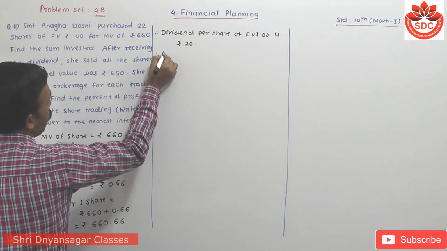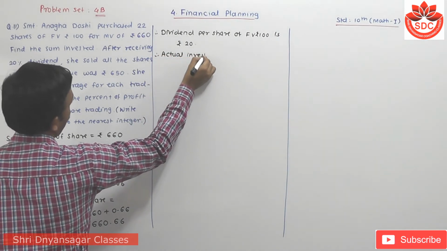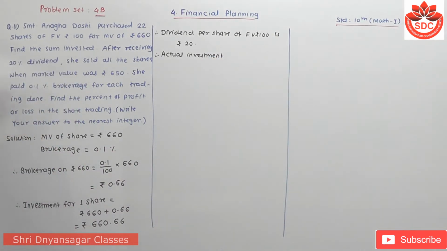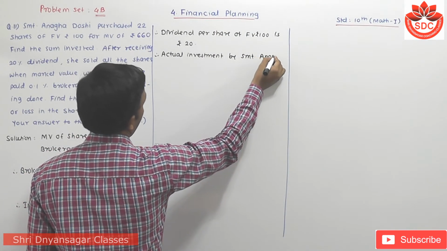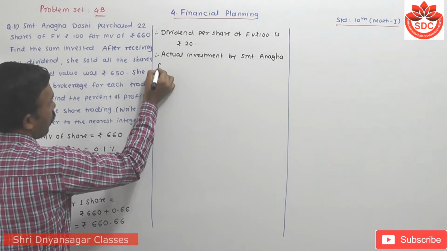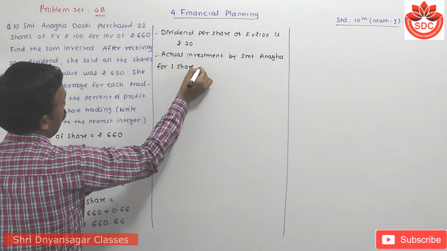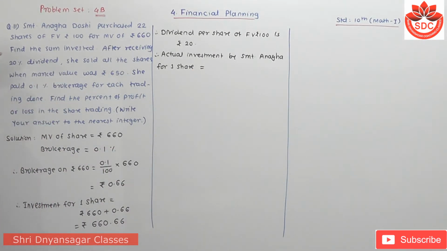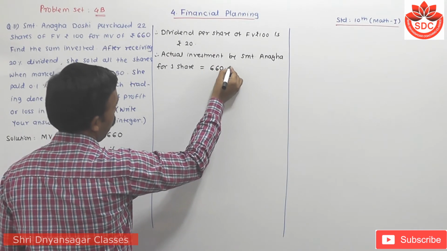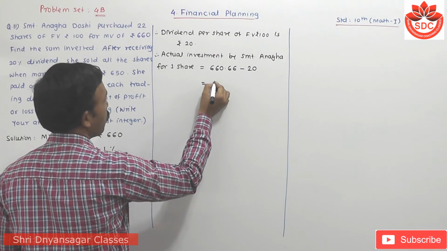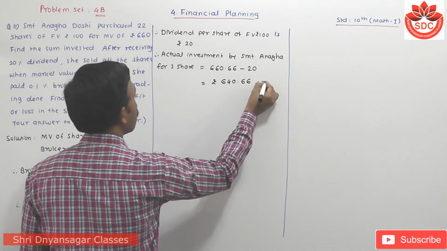Therefore, actual investment by Srimati Anuradha for one share is equal to, you have to subtract this dividend from this total value, 660.66 minus this 20 rupees, is equal to rupees 640.66.